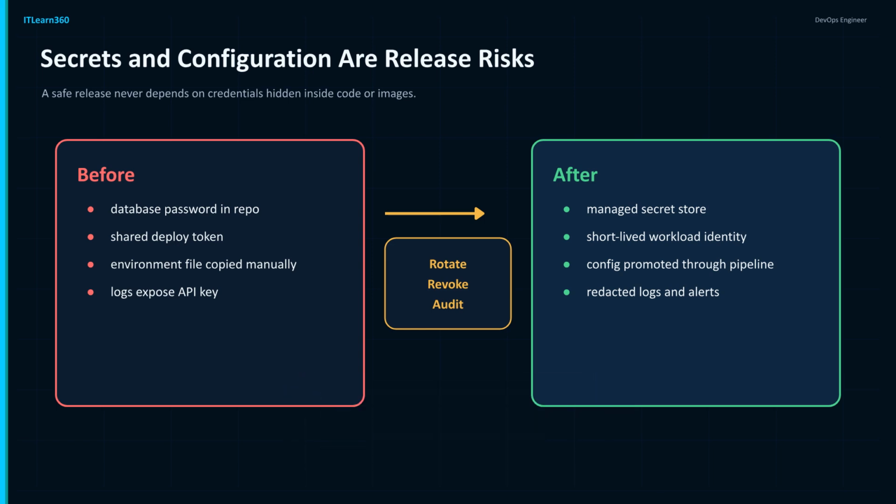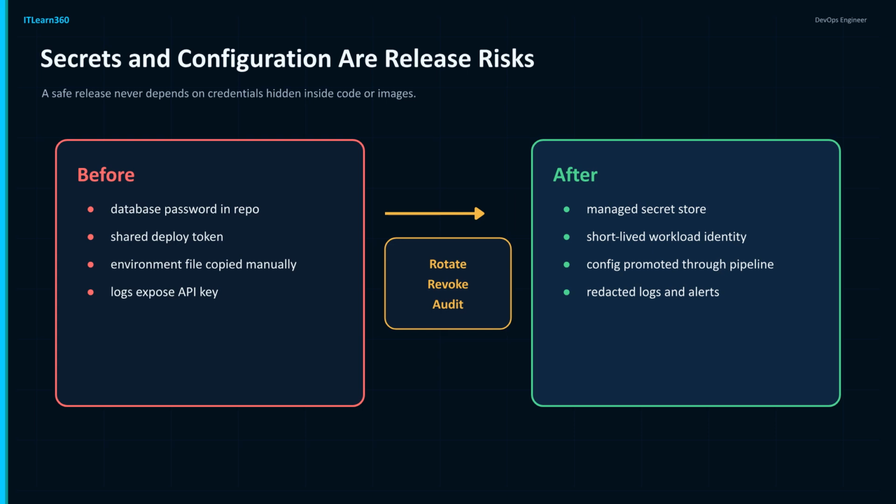North Star's unsafe state could include a database password in the repository, a shared deploy token, an environment file copied by hand, or logs that expose an API key. A better design uses a managed secret store, short-lived workload identity where possible, configuration promoted through the pipeline, and logging that redacts sensitive values. The team also needs a process to rotate, revoke, and audit credentials.